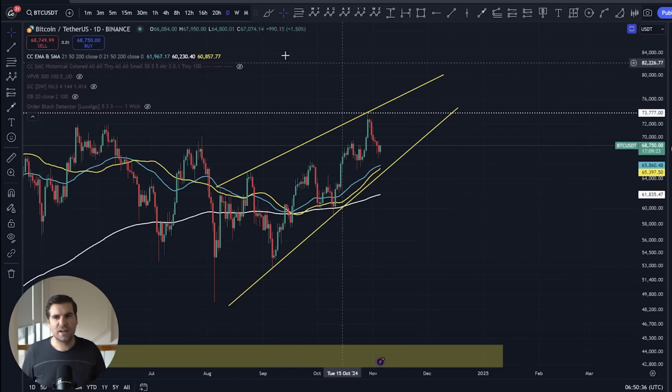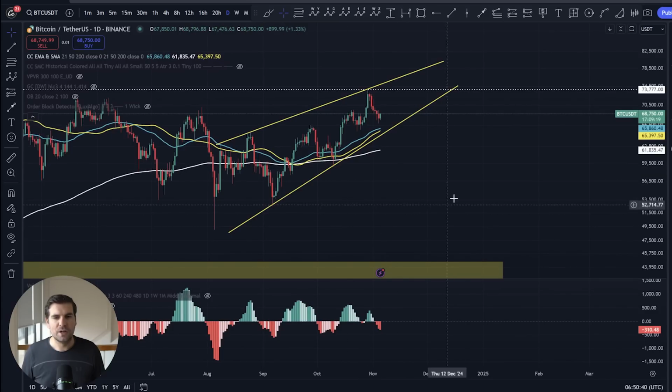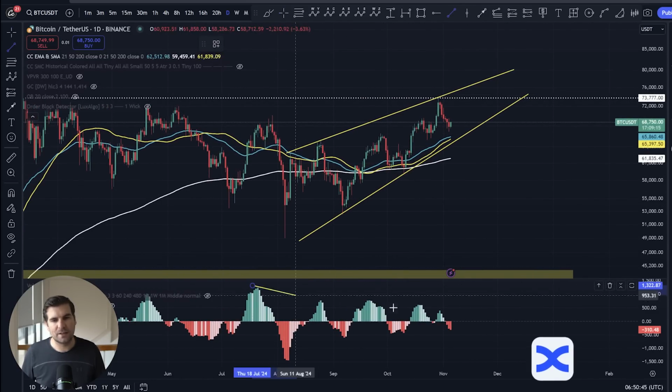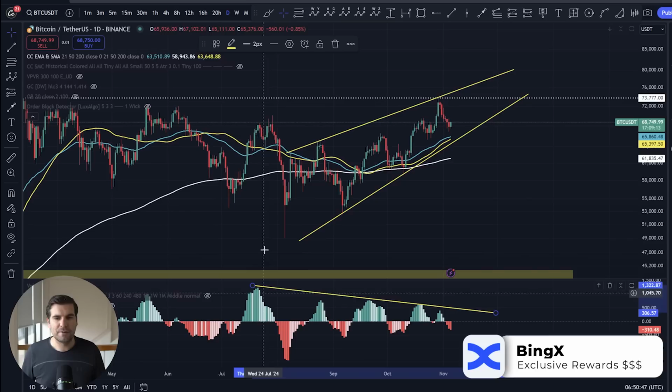Now, there's no guarantees in any of it, of course, but that's kind of one of the things that I'm paying attention to. Our histogram is also telling us that something big is about to happen. I was talking about that in the last video as well. Here you can see that we have higher highs in price, but we have lower highs on the histogram here. That's not good. That would be a bearish divergence.